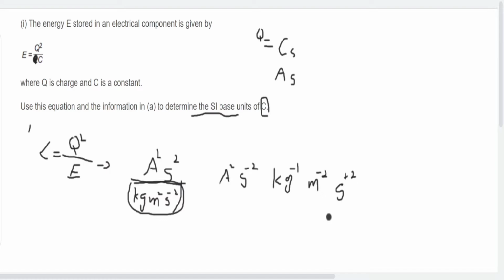And since I have two similar units, s and s can add up. This is s positive 2 and this is s positive 2, so they get added up, and it becomes s⁴, right? Plus 2 plus 2 gives me plus 4.